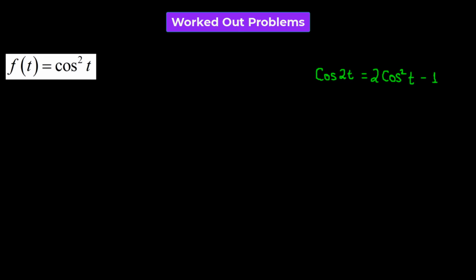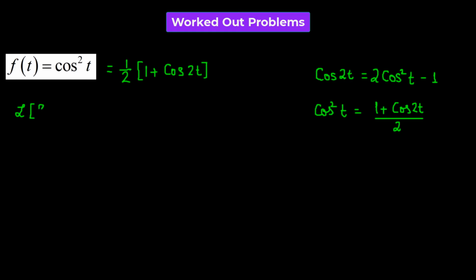So if we arrange the terms, then we have cosine squared of t equals (1 plus cosine of 2t) divided by 2. So that means our function cosine squared of t can be rewritten as half times (1 plus cosine of 2t). So let's find out the Laplace transform of the function f of t.